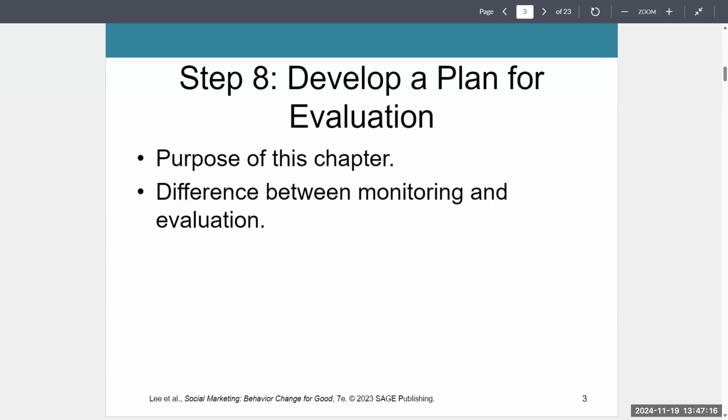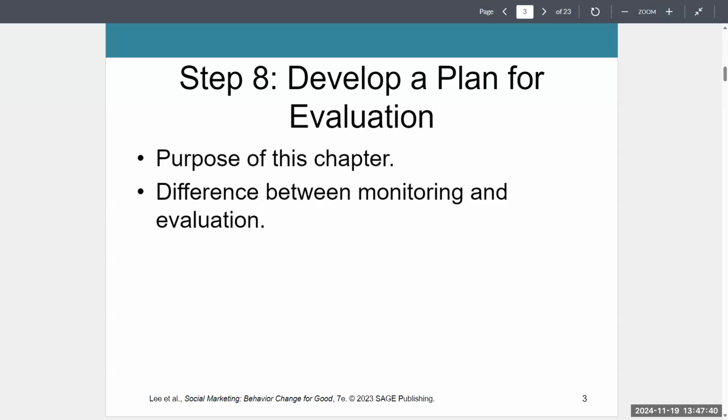For example, while monitoring might track how many people attend the workshop, evaluation would assess whether the workshop led to measurable behavioral change, okay? So the difference: monitoring, you're doing it throughout the process. Evaluation is at the end.